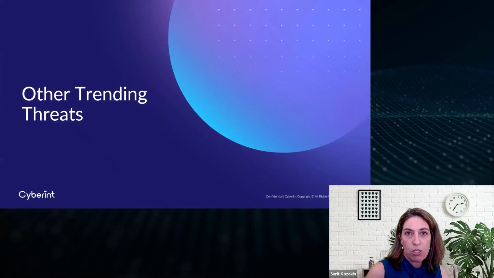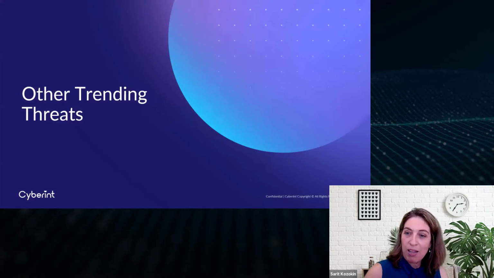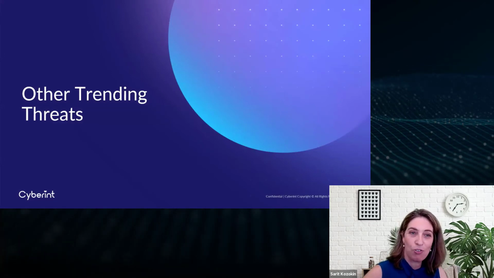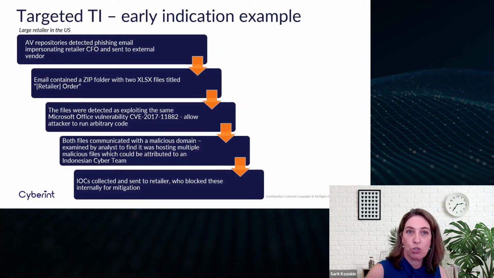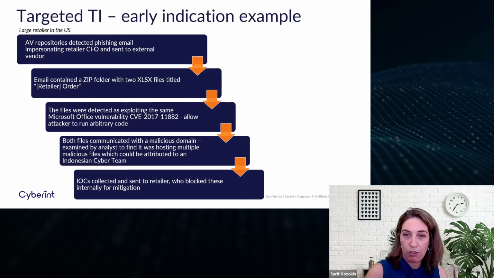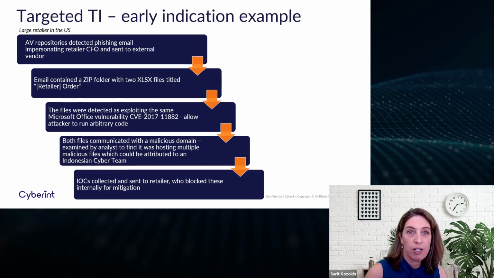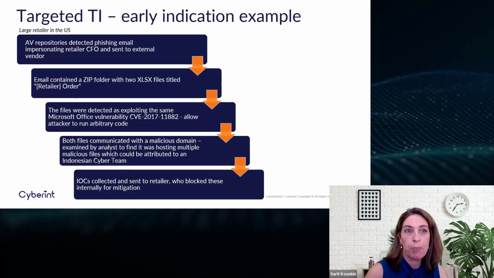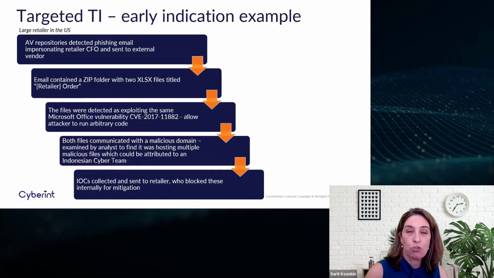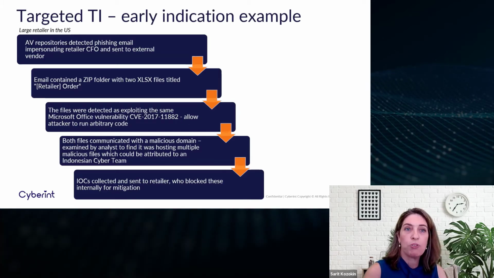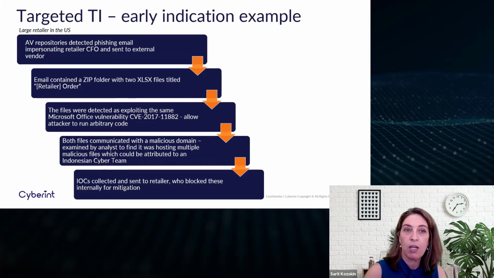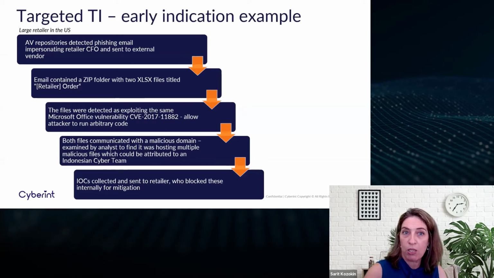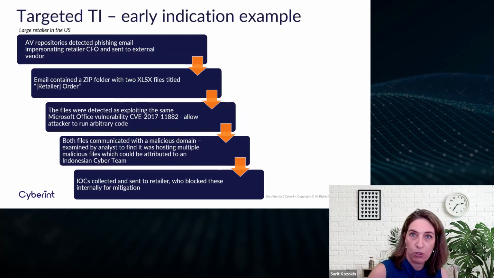Now, just to give you a last example of other threats that we can identify, research, and do the correlation on in a very early stage, you can see this example against a large retailer in the US, where we've seen in a repository a phishing email impersonating the retailer's CFO that was sent to an external vendor.